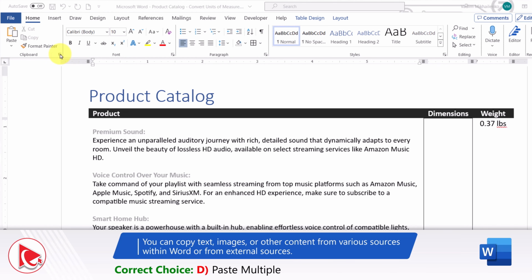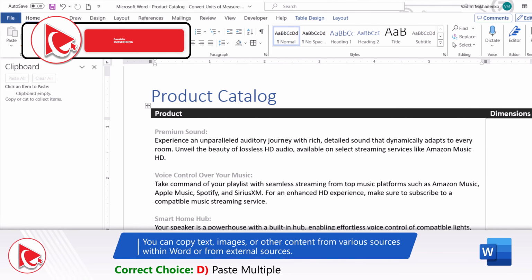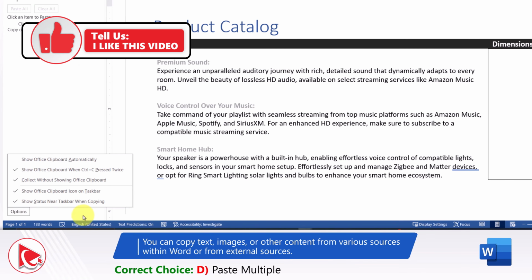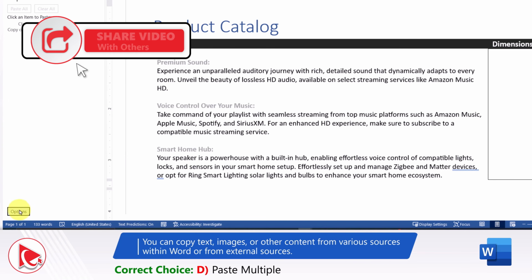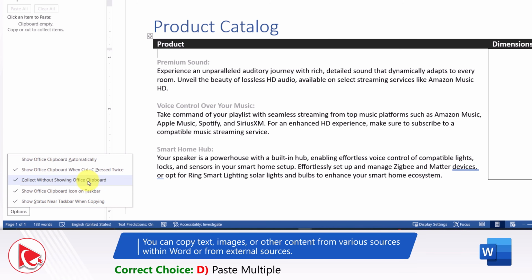To do this, let's check the clipboard settings by clicking on the clipboard details button. As you can see, there is nothing currently in the clipboard. Let's check the options on how we can collect the data. To do this, let's click on the options button and you see that the clipboard will collect without showing any Office clipboard. You can also choose the options Show Office clipboard automatically or Show Office clipboard when Ctrl+C is pressed twice.